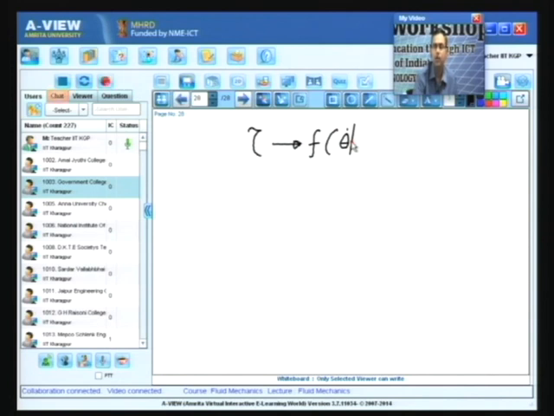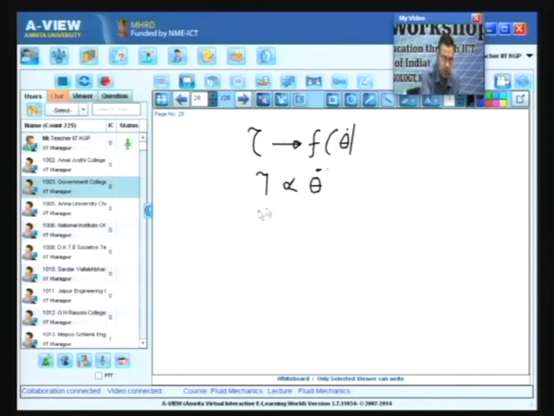If tau is related to the rate of deformation, then the simplest type of fluid, where tau is linearly proportional to the rate of deformation, is called a Newtonian fluid, and for that we can write tau is proportional to theta dot.